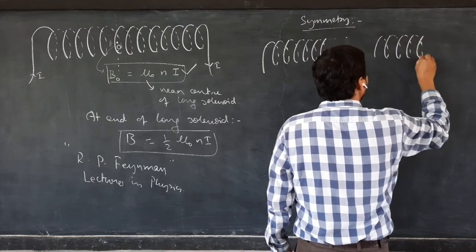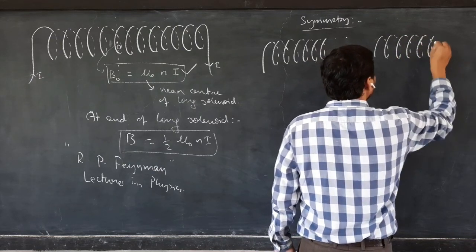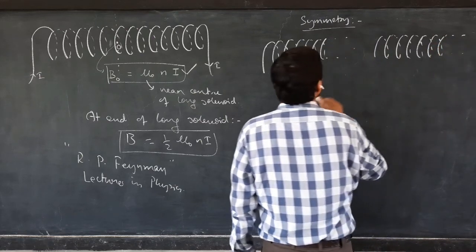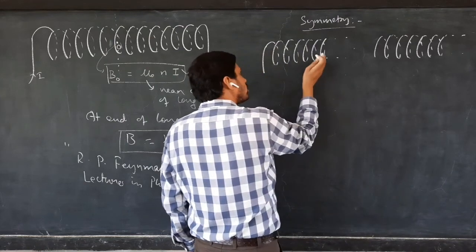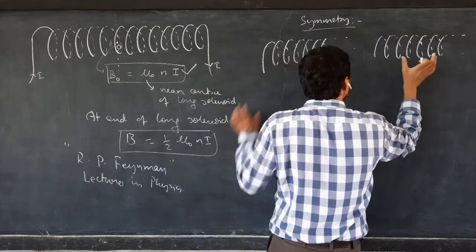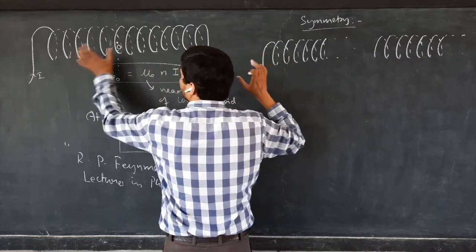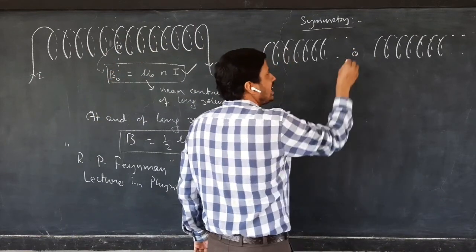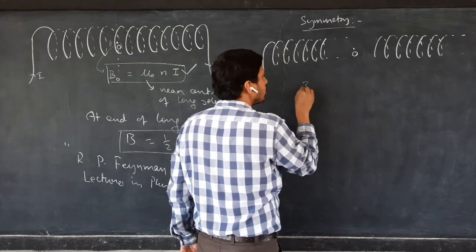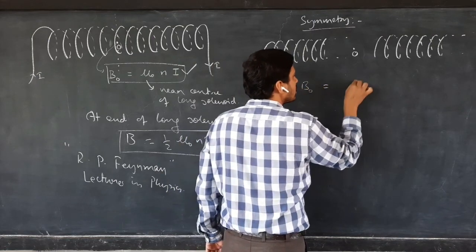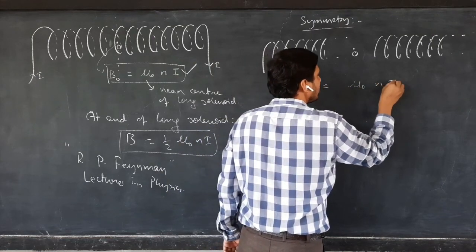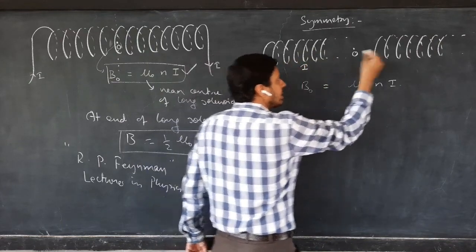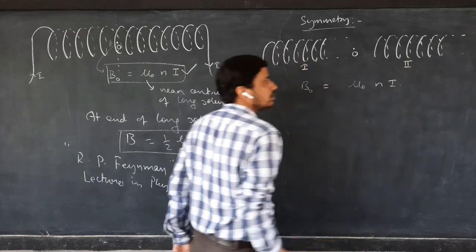So what we have done, at the center we know the value of magnetic field. So this will continue like this. So this is also infinitely long, this is also infinitely long. These two are the halves of this particular long solenoid. So this point was the O, point O. At this point O, the total magnetic field B_O, we have discussed, is mu naught times n times I. This left half I'll call 1, the right half I'll call 2.